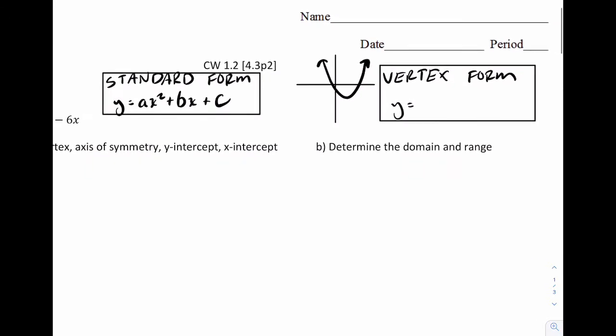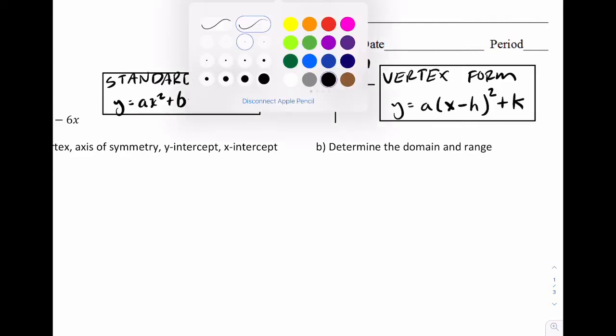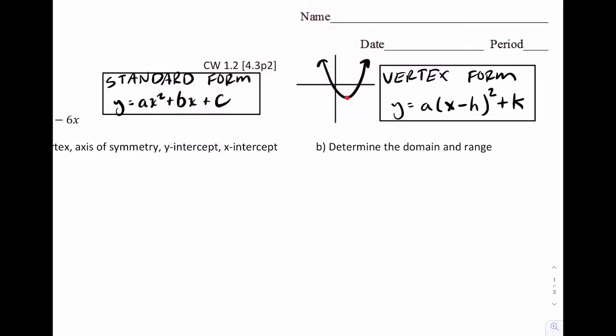The new one is going to be vertex form. Vertex form looks like this: a times quantity x minus h squared plus k. Now this should look new for most of you, and the reason it's called vertex form is you should recall that this point right there, the one I just highlighted in red, is called the vertex.